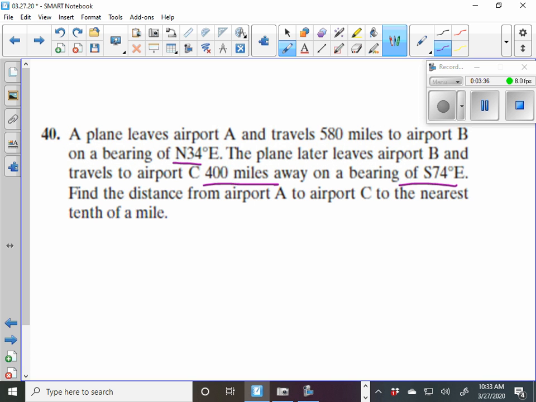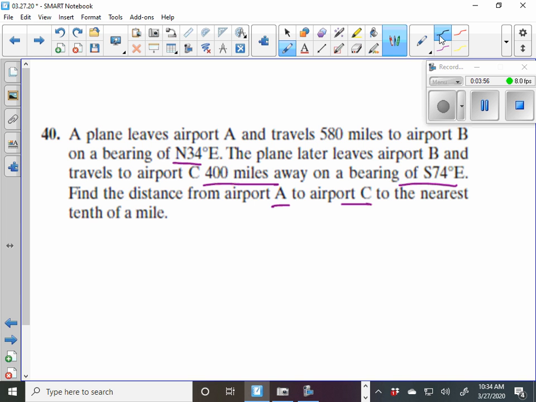Find the distance from airport A to airport C. So we've got to be a little more careful about how we draw this picture again. So make sure that we have plenty of room. Don't spare paper in this case.